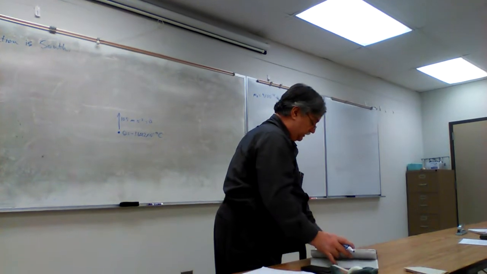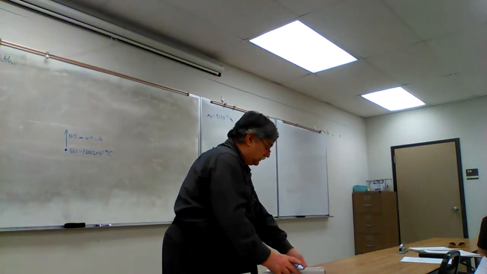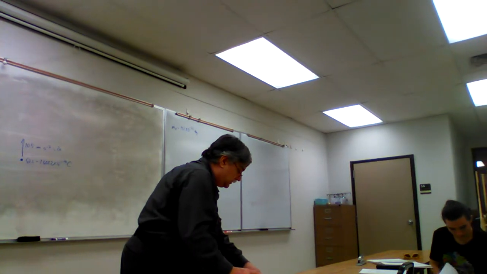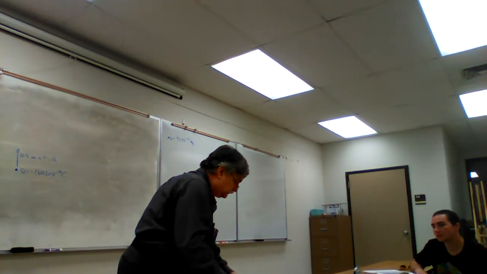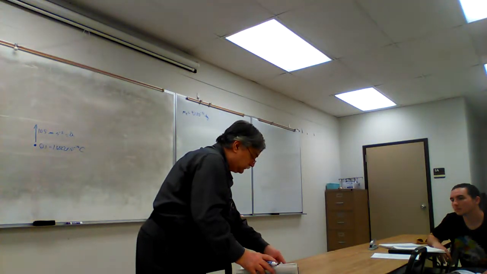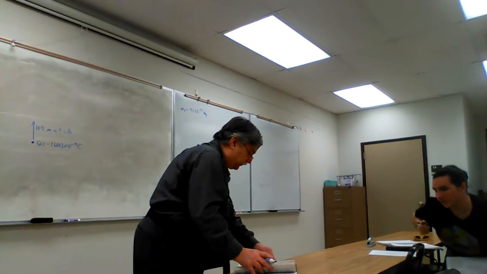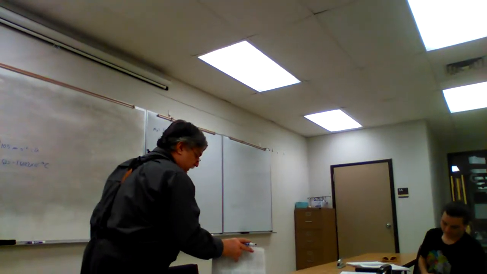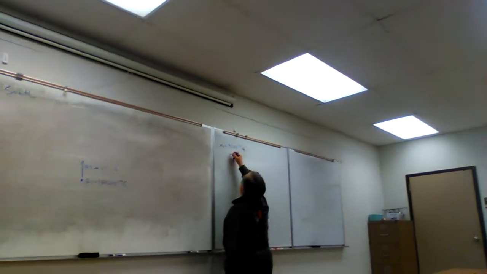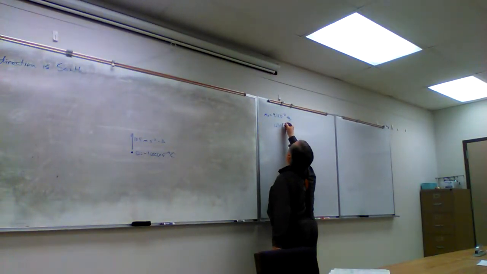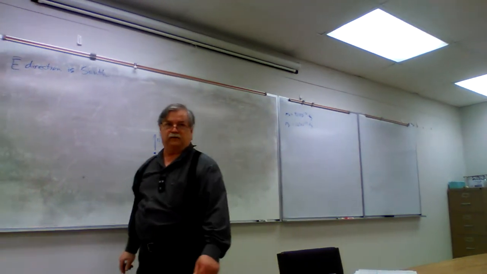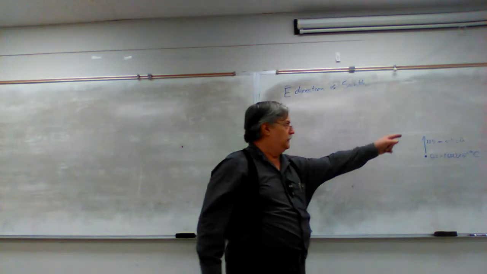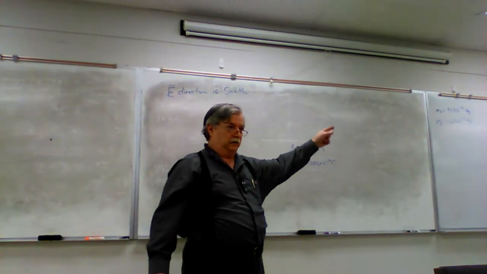What's the mass of a proton? It's minus 27. Proton rest mass, 1.67 times 10 to the minus 27 kilograms. That's the mass of a proton. These would be very handy things to have written on your index card.